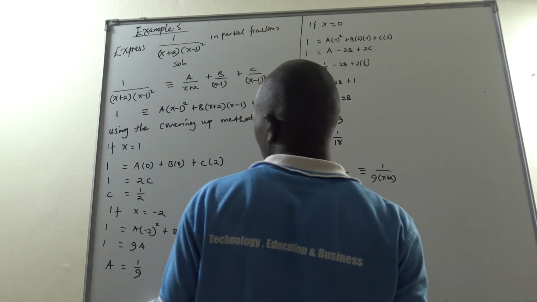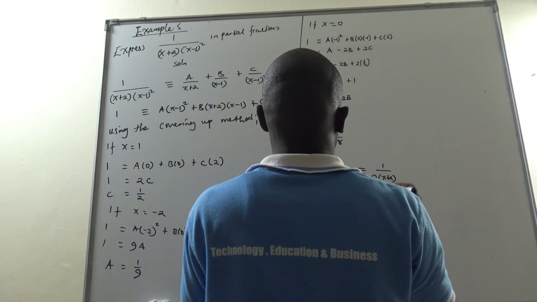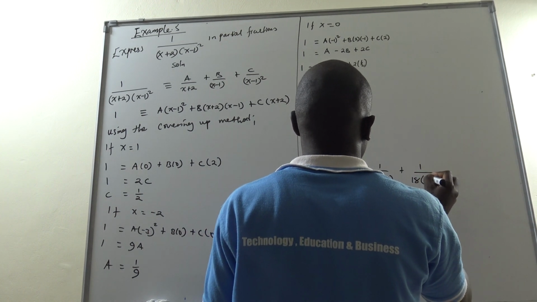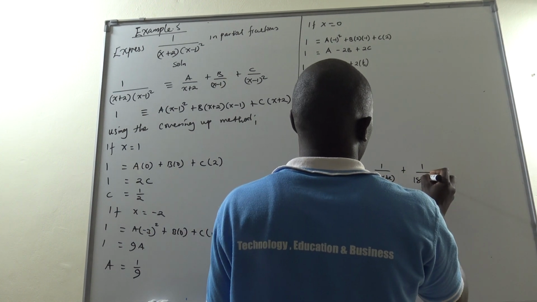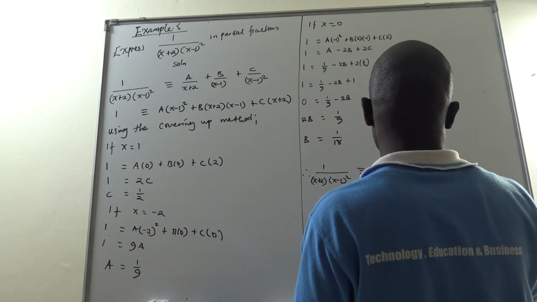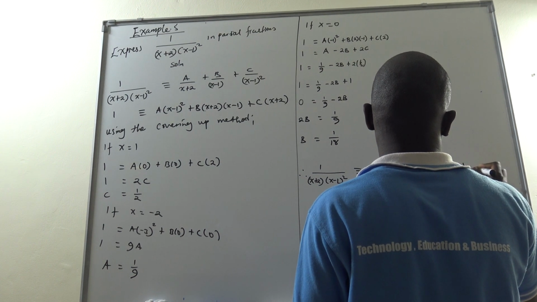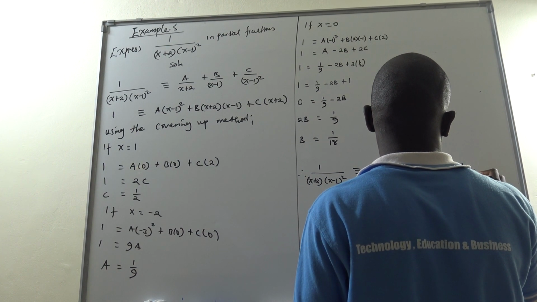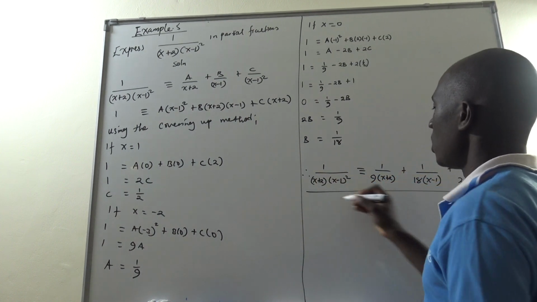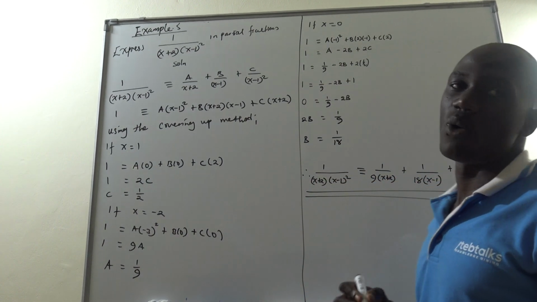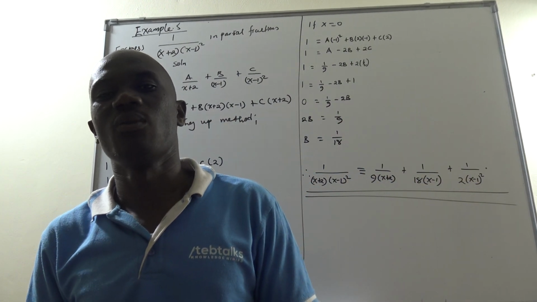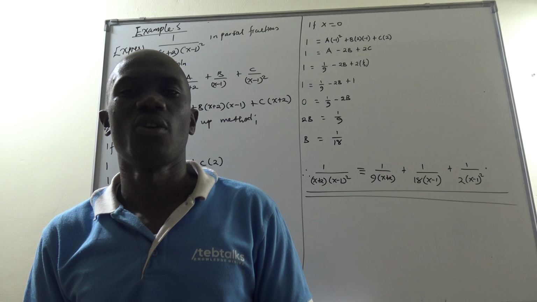B is 1 over 18, so plus 1 out of 18 into (x minus 1). The value of C is a half, so 1 out of 2 into (x minus 1), the whole of it squared. So this is the way we can express that given number into the required partial fractions.